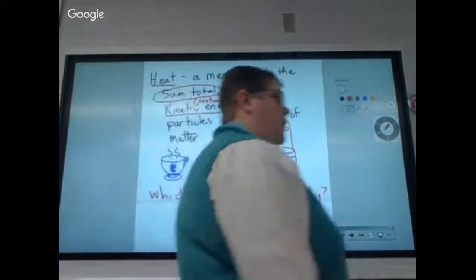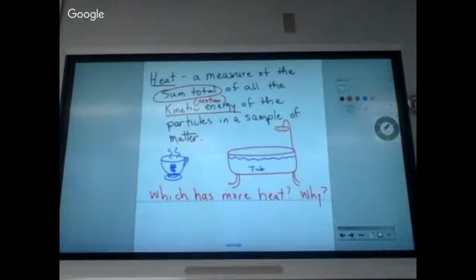All right. So which would have more heat and why? Because it's steaming. It's smaller, so it doesn't have as much space. It's the same thing. All right, tell me what the definition of heat is again.